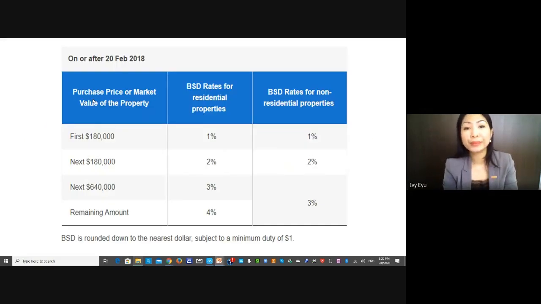However, before that, I will also inform them what the trends in the market are. Especially as a salesperson, it's important that we must be aware of the buyer stamp duty, ABSD, and even seller stamp duty.